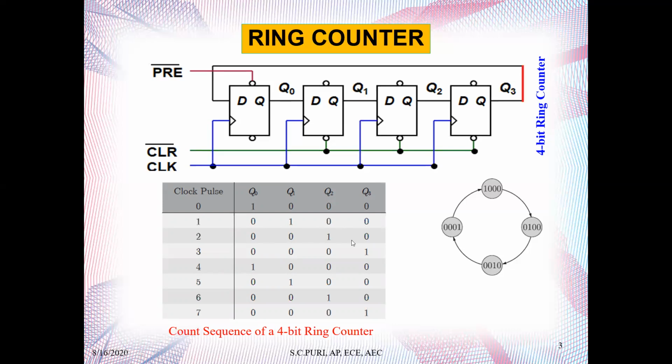Then it will be 0 0 1 0, and so on. This injected pulse moves from one flip-flop to another. So this is the state diagram of a 4-bit ring counter.